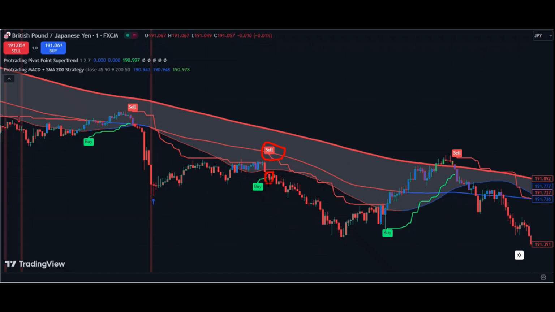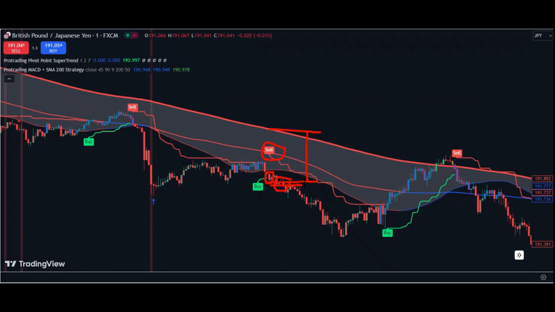So you place your horizontal line at the wick of this price, and below this point you place your pending sell order. At the close of this candle, your pending order will be triggered. Your stop loss is slightly above this 200-day moving average.